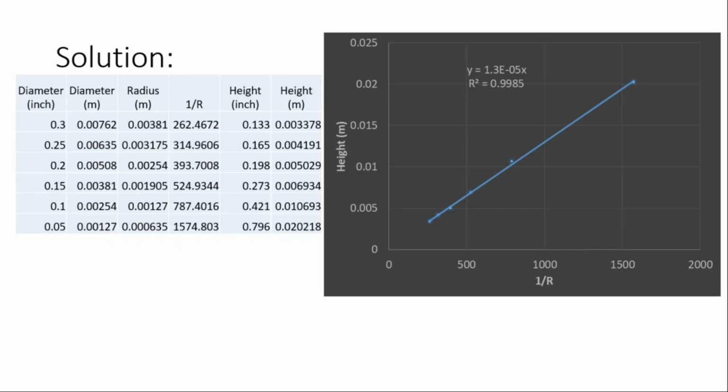The y-intercept is again 0. Here y is equal to h, and x is equal to 1 over r, and the rest of the values can be equated into this factor: 2 times surface tension cos phi over rho g is equal to 1.3 times 10 to the power minus 5.